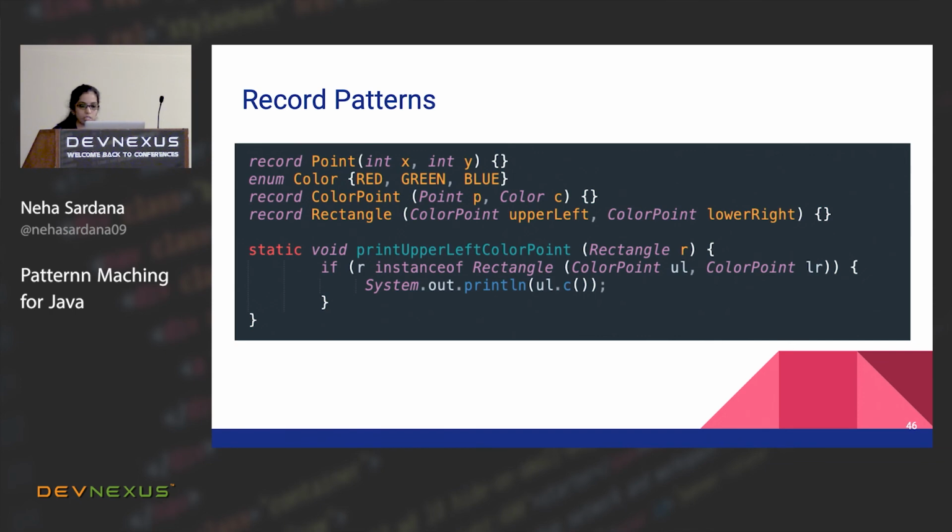If you notice, the name of the variable, colorPoint, in the deconstruction if statement is actually different. So it can be different. You don't have to copy paste the same name of the variable. And I'm using the c method from the record, which is given to me by default for field values from records.